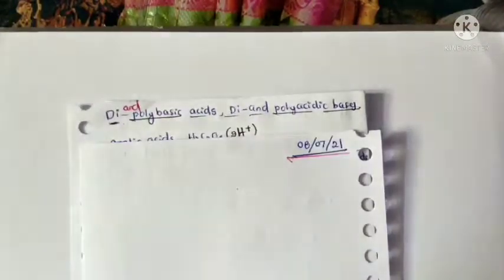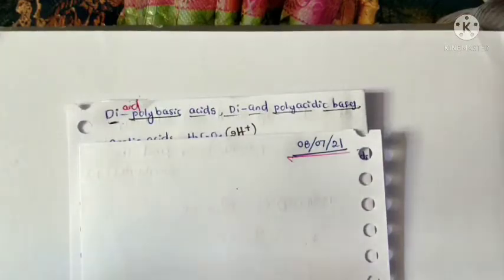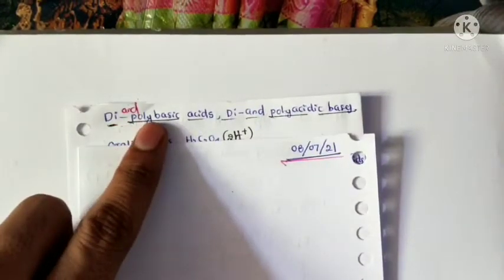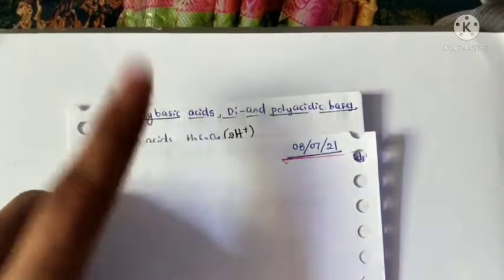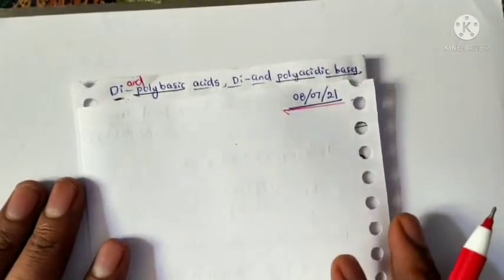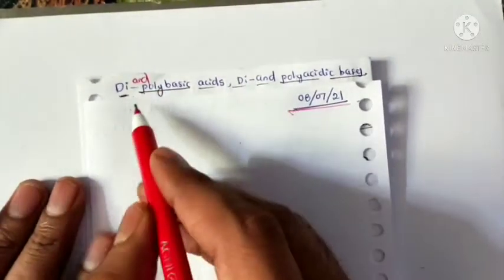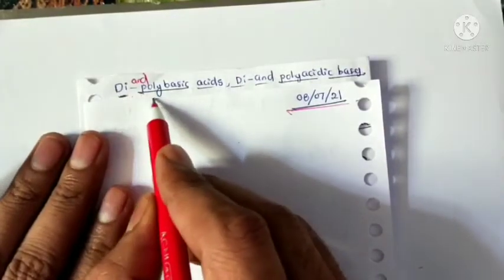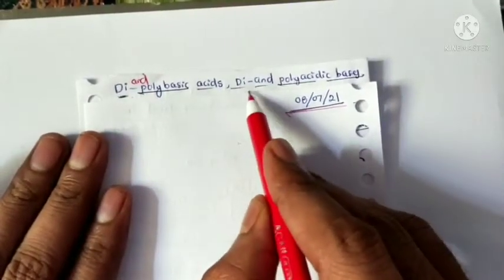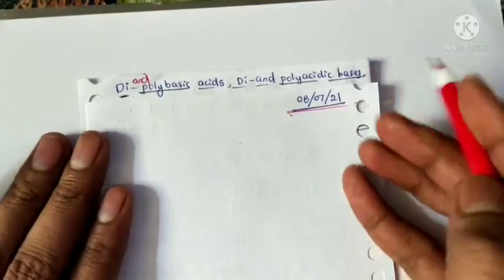Di means two protons, a single proton means monoprotic, and here diprotic and polyprotic. Now we will see some examples to better understand. The heading here is di and polybasic acids and di and polyacidic bases.